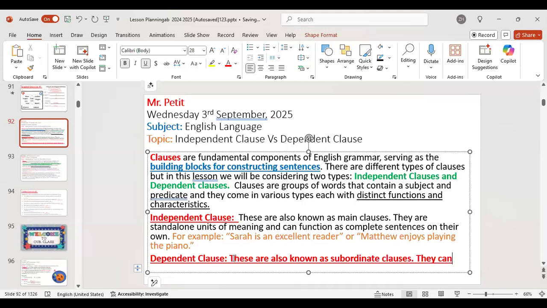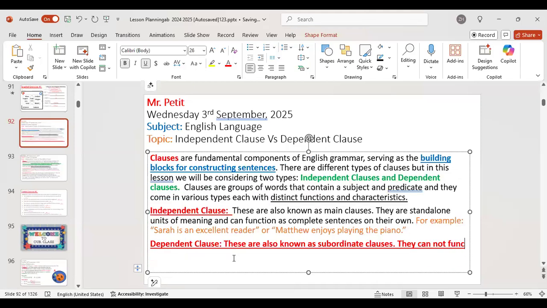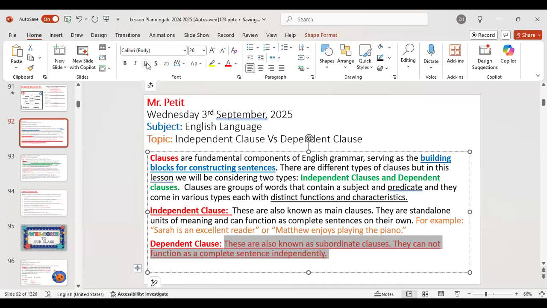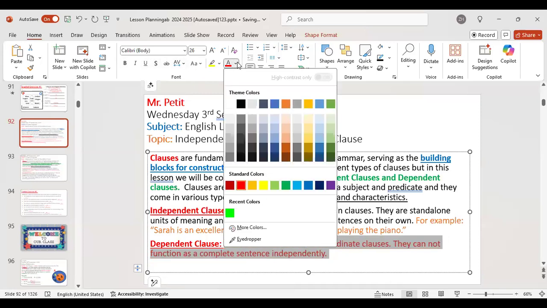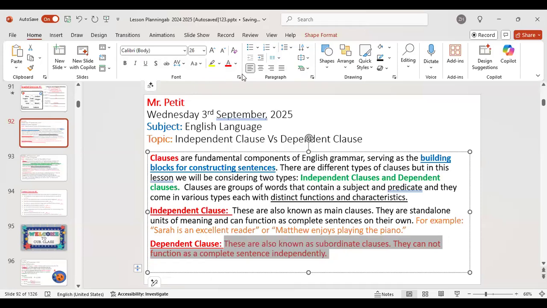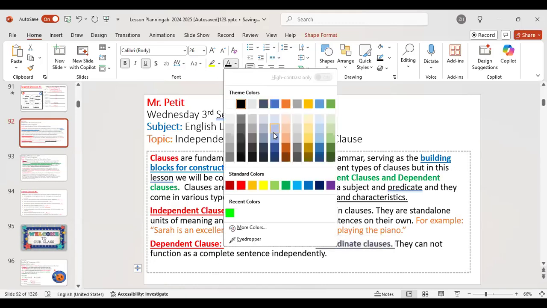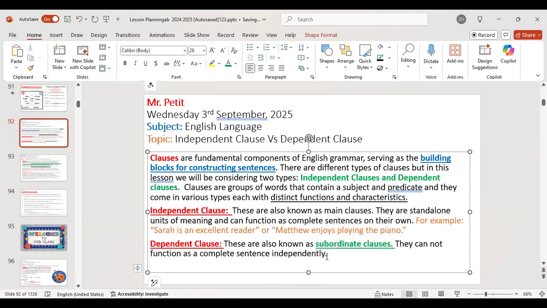They cannot function as a complete sentence independently, by themselves. But if you connect them to another clause, then they could make sense. So they're also known as subordinate clauses. They cannot function as a complete sentence independently.